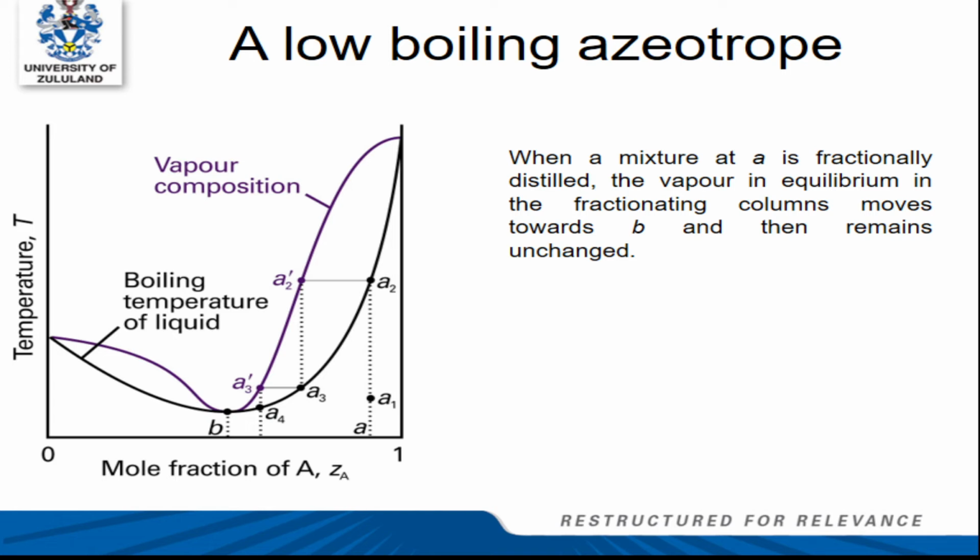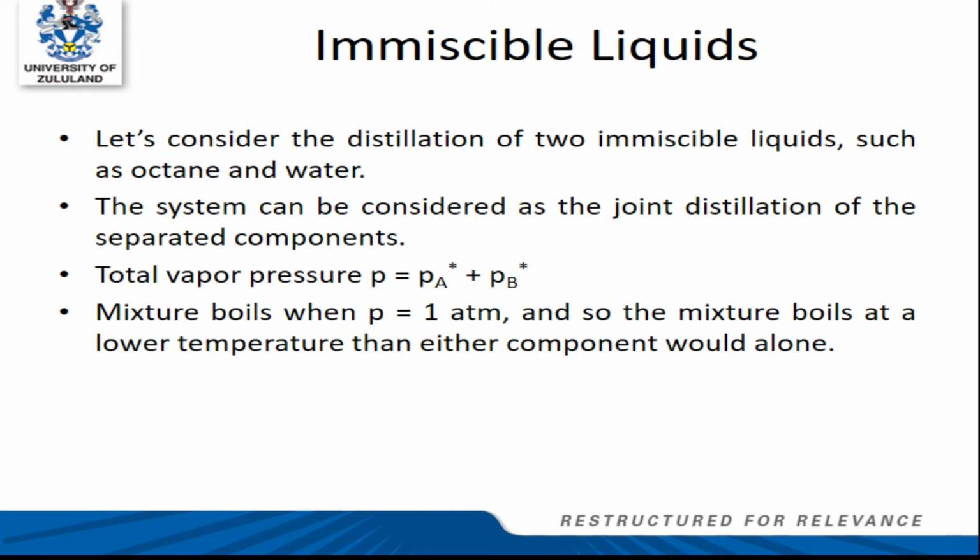And the azeotropic vapor emerges from the top of the column. A typical example of a low boiling azeotrope is a mixture of ethanol and water. This mixture normally boils unchanged when the content is 4% by mass and the temperature is around 78 degrees Celsius.